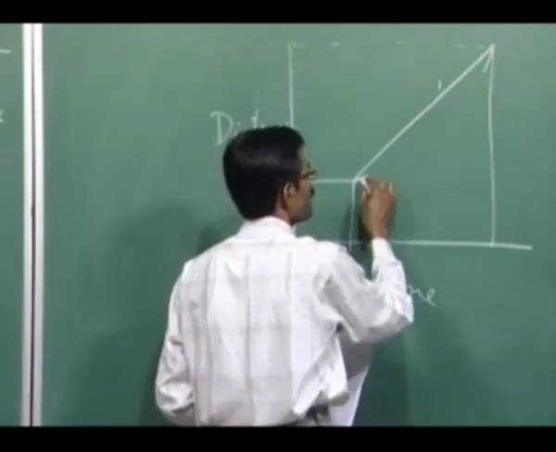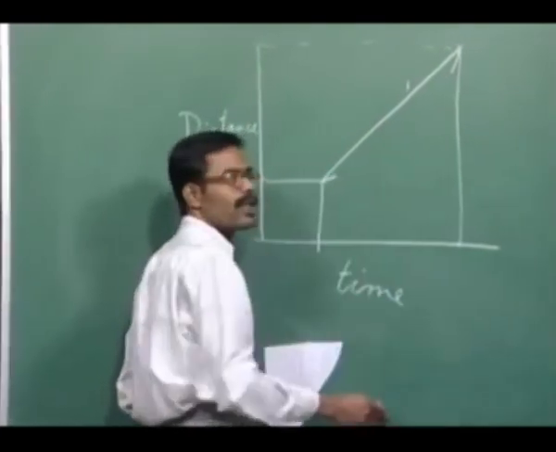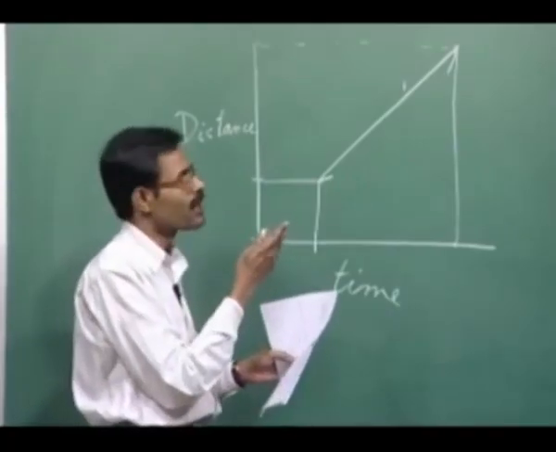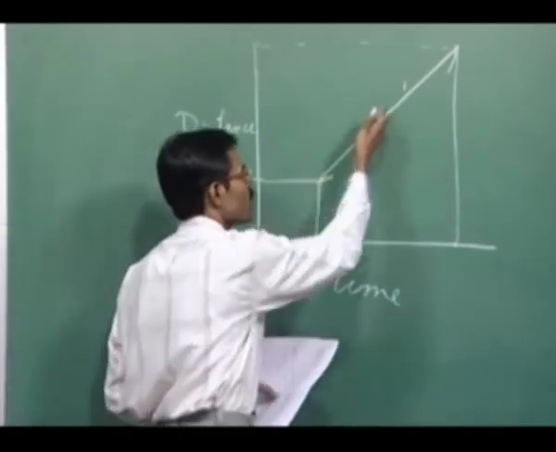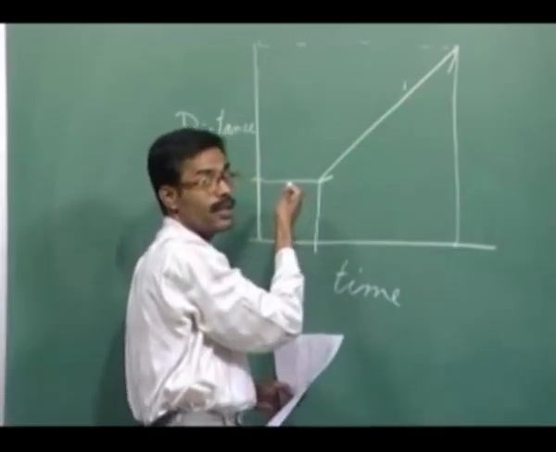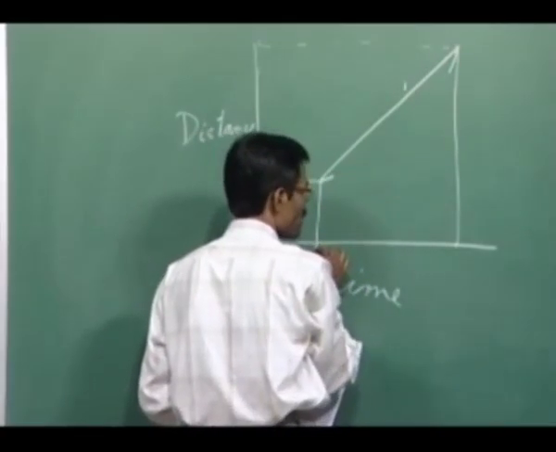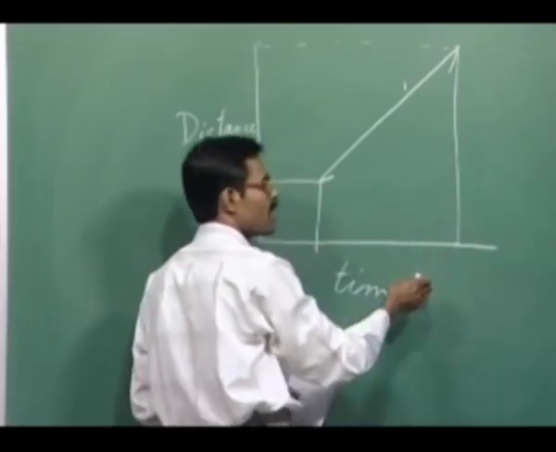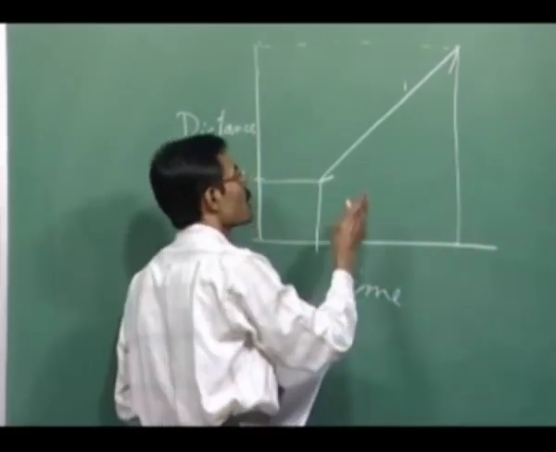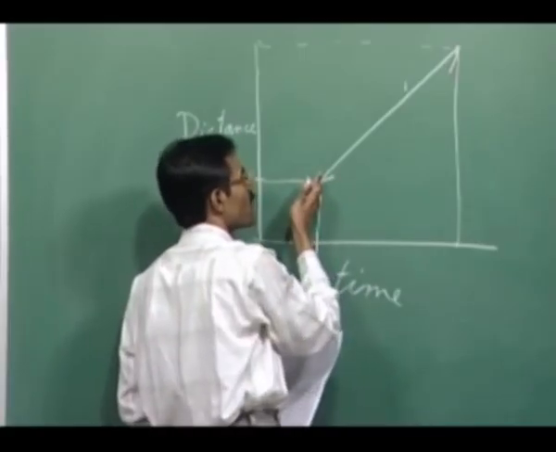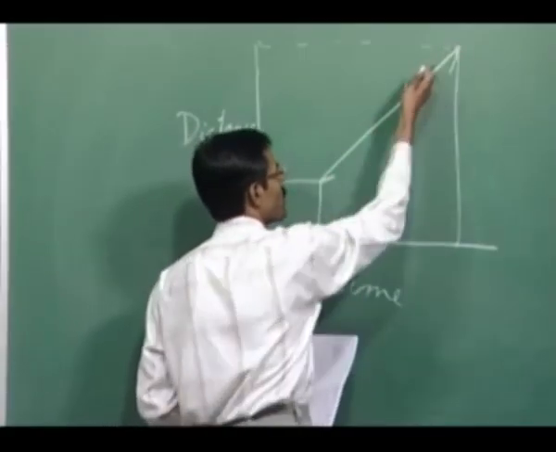Now, if initially it was slow and in between it must have become faster than the first train somewhere, that means that from slow to fast at some point of time it must have equaled its speed with the speed of the first train. For the first train the speed is constant. So, that means that between this initial time and the final time there must be some time when the speed of the second train is exactly the same as this constant speed of the first train.